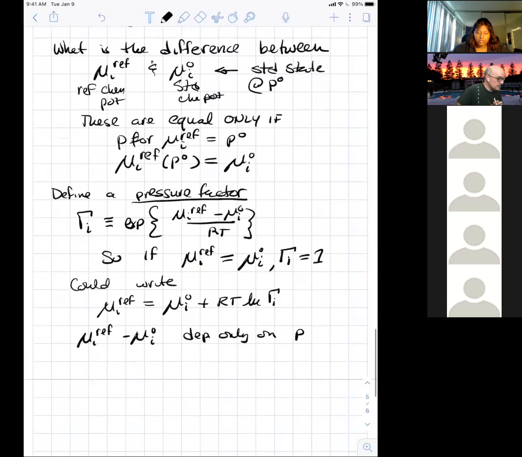The reason we want to think about this way is that if our pressure is not unusual, and by unusual I mean, let's say normal room pressures, let's say less than or equal to about 50 bar, we don't worry about this.